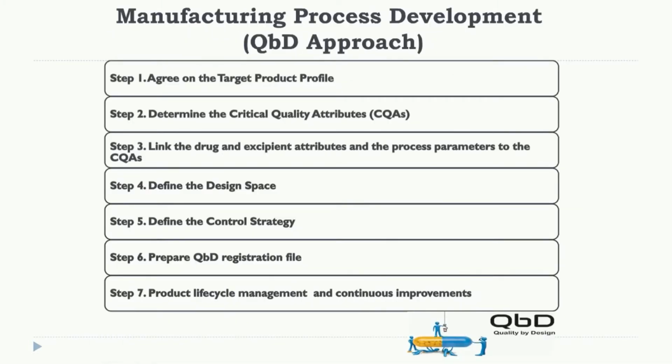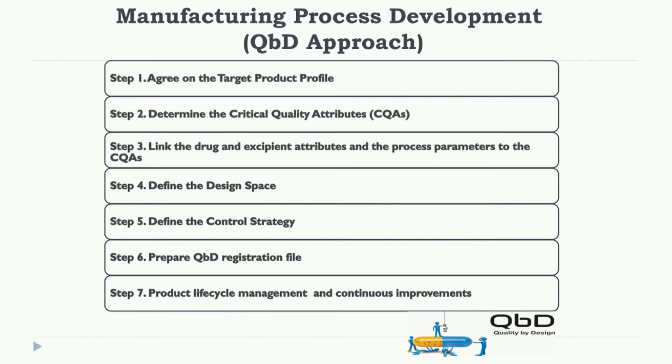Now we talk about the quality by design approach. What is the quality by design approach? It's basically a risk-based proactive approach, which involves designing and planning of the drug product or process before actual experimentation of that product. Here we agree on the target product profile: what should our product be, what should its profile be, what will be the quality of that product.